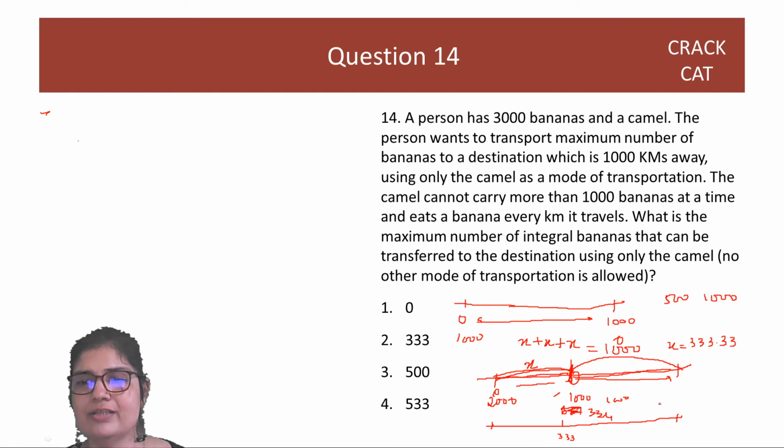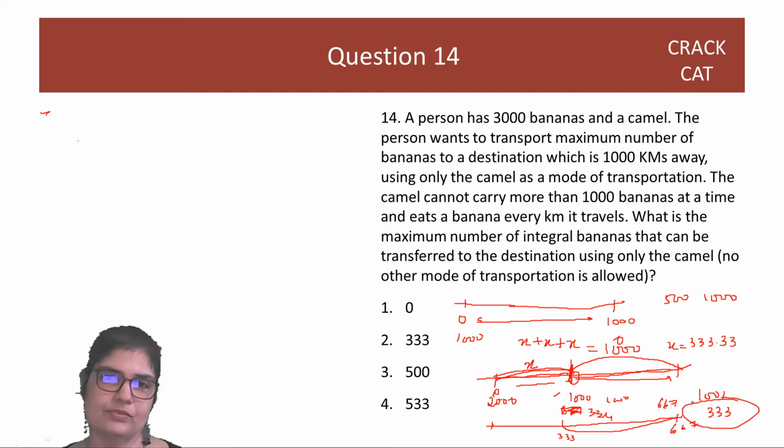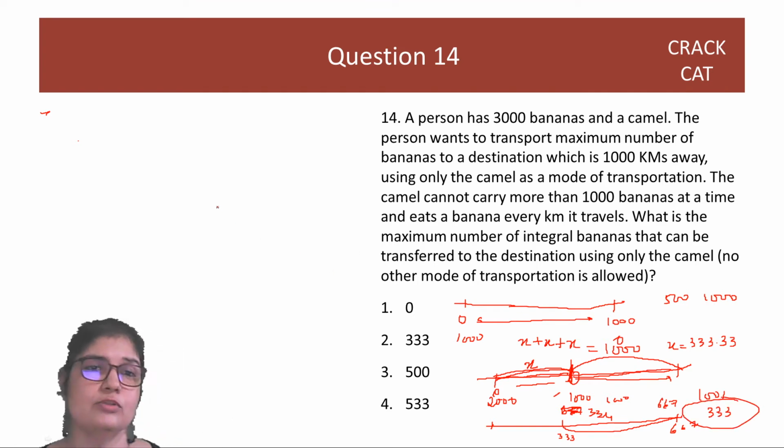So when he reaches here, he'll have 667, which is approximately 1000. So now when he carries it the whole distance, he will eat 667 and he'll be able to take 333 till the end. So that is a thing to think about with respect to integral numbers.